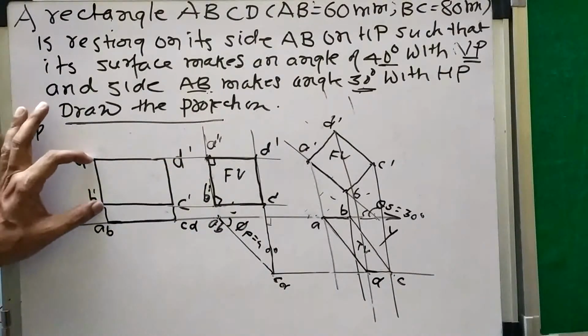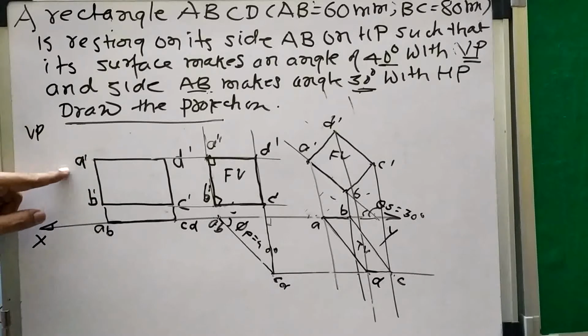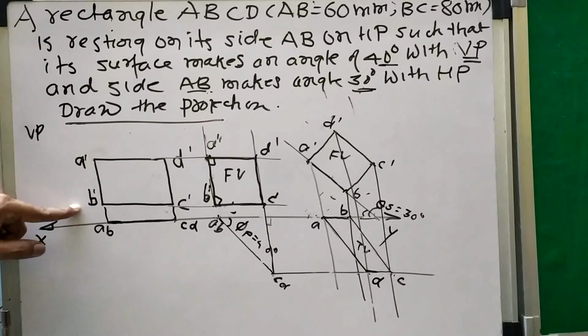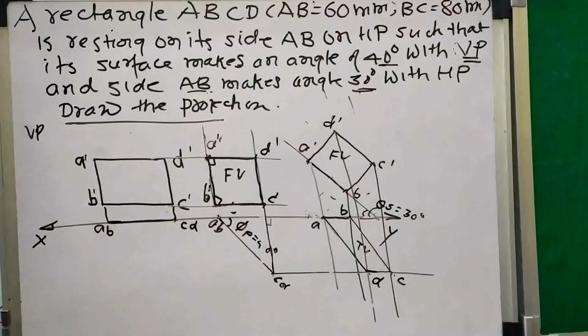Suppose here it is the resting side, it is inclined. Other than the resting side, suppose in this case, instead of AB, if BC is given inclined, what will be the change? That we will see. Means other than the resting side, if other side inclination is given, then how you can make the problems. Slight changes are there. That is called the formation of apparent angle.